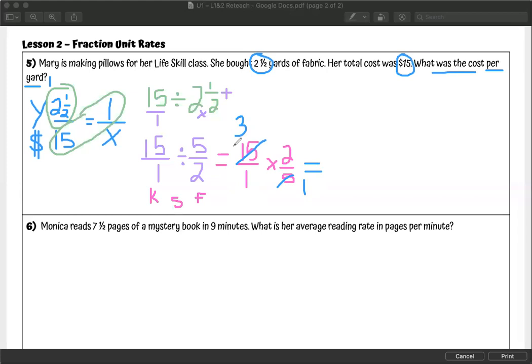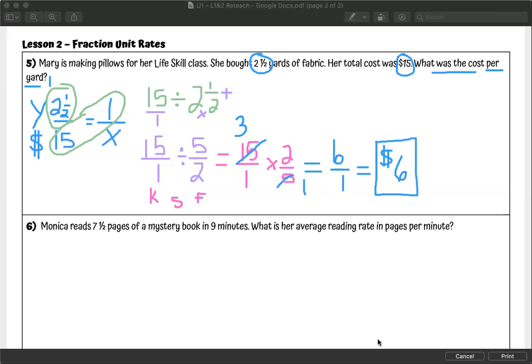Now I'm going to multiply across. 3 times 2 is 6. 1 times 1 is 1. So I can leave it as 6 over 1, or I can just write it as 6. Our x, what we were solving for, was with money. So we were solving for the unit cost, which is $6.